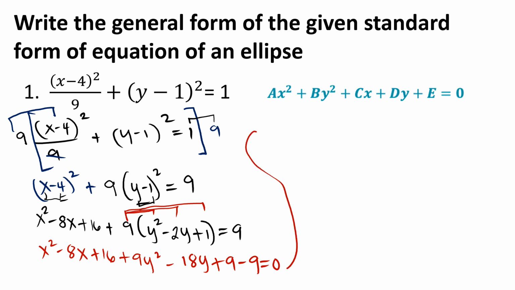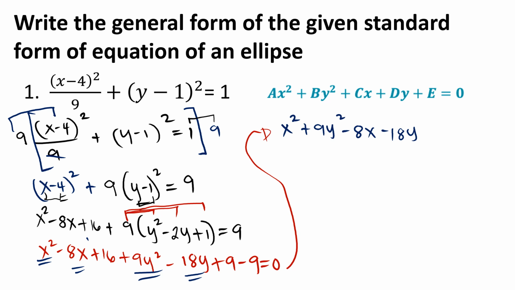Okay, now let us follow the notation of the general form. To gather all the squared terms, we have first x², followed by the y². This one will be 9y², followed by the x term with a power of 1, so that will be negative 8x, followed by the linear term in y, negative 18y, followed by the E, the constant.